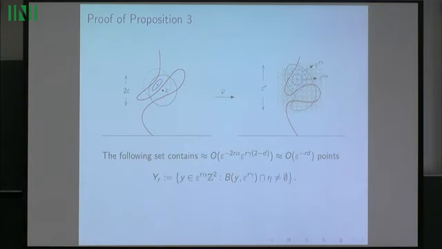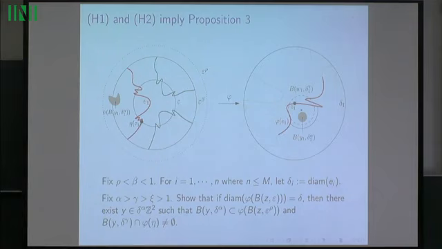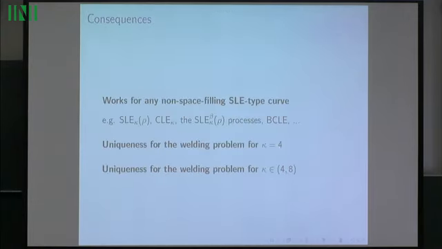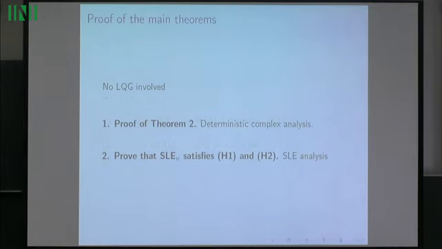So first, if you have any other questions, I can spend some more time. Otherwise, I can just do the second part of the proof, which is to check that SLE kappa satisfies H1 and H2.